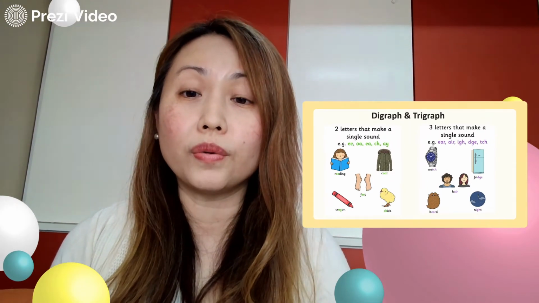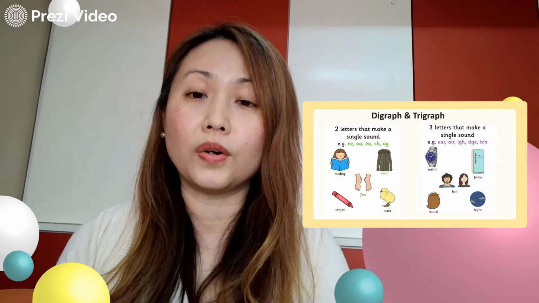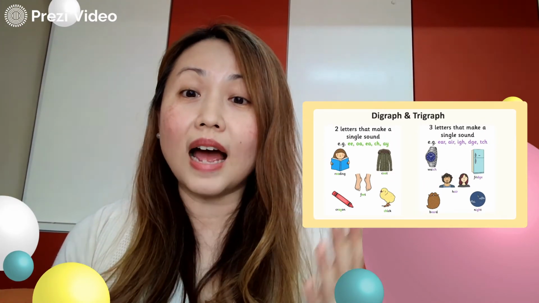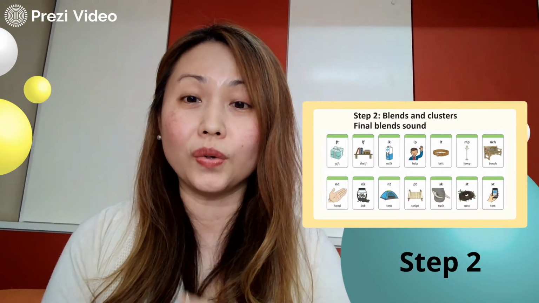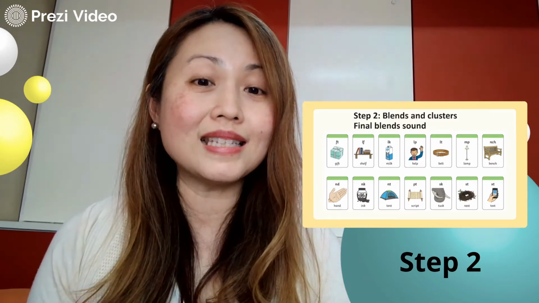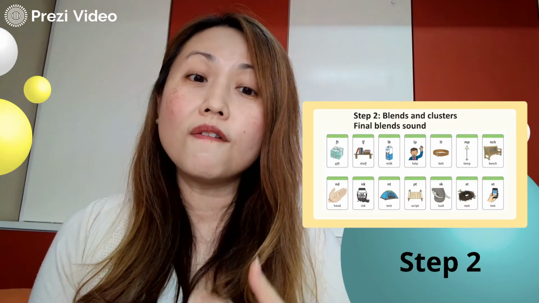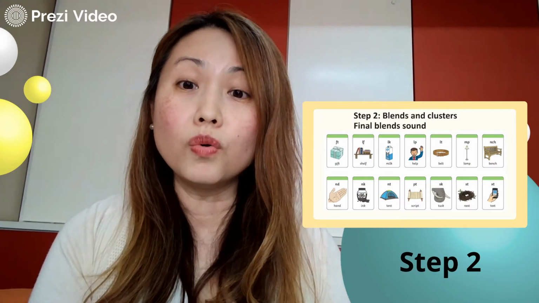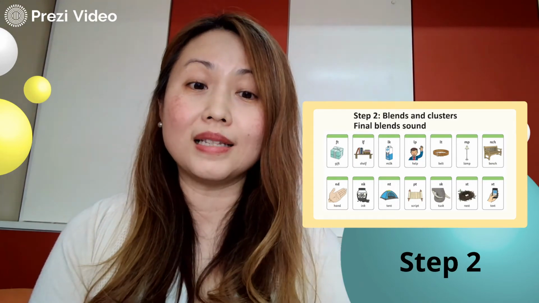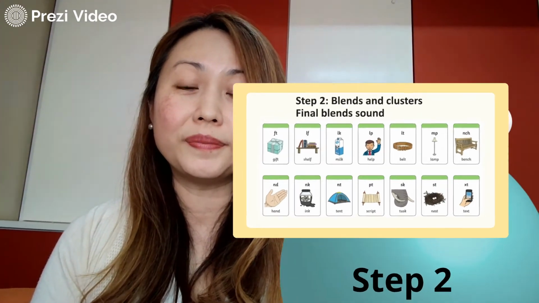So after going through the phonemes and grapheme representations, digraphs and trigraphs, we will work on step 2, which is blends and clusters. So we'll start with final blend sounds and then move on to single blend sounds. Let's have a look.